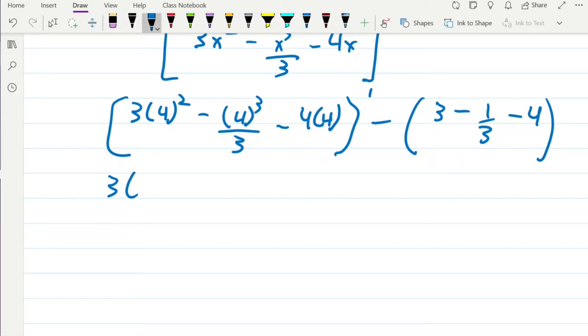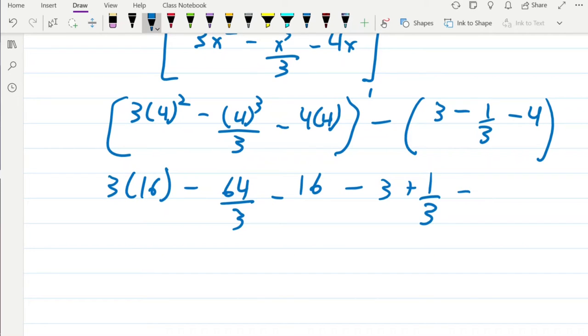So we have 3 times 16 minus 64 over 3 minus 16 minus 3 plus 1/3 plus 4.